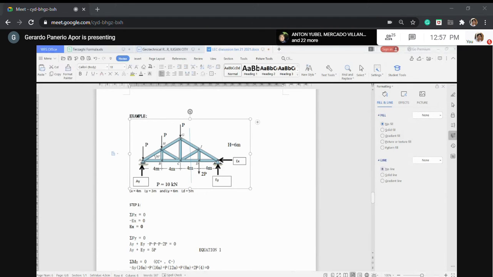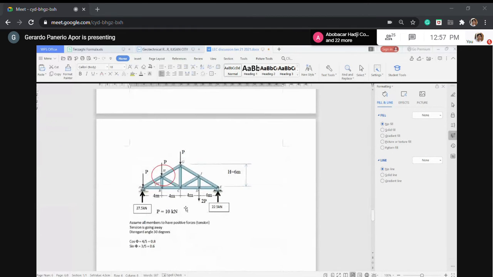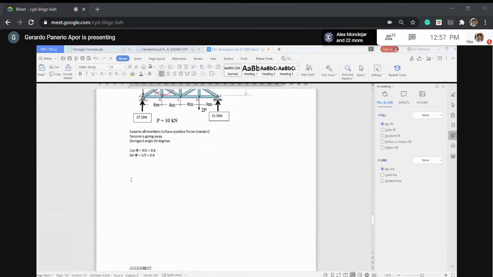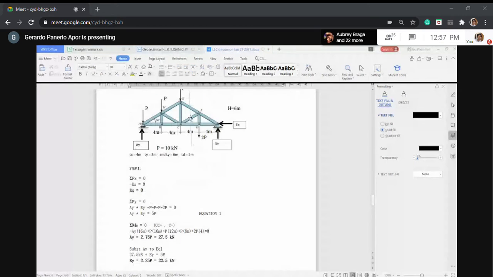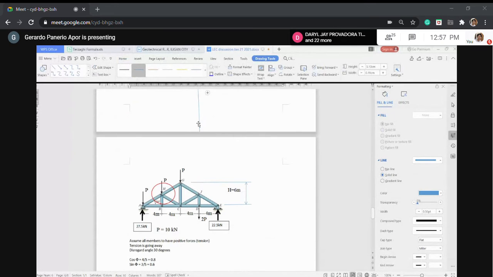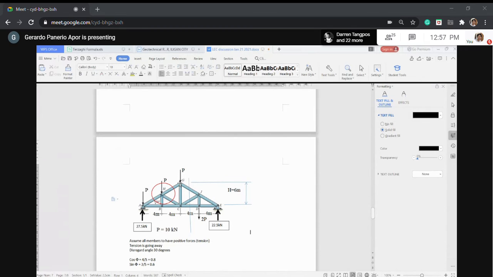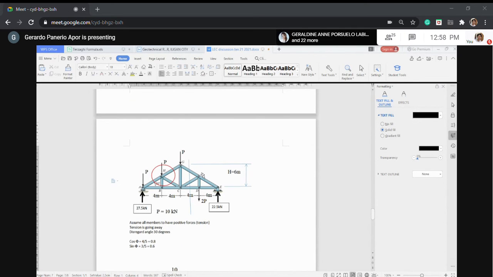Using method of sections, I am going to slice that. Why am I interested in cutting this? Remember that I am interested in finding DG, CG, and CD, so I need to cut all of these.